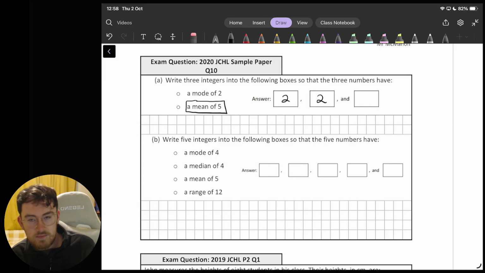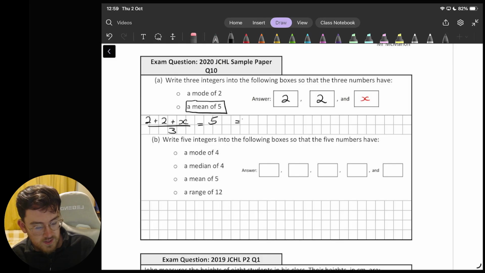If I want to have a mean of 5, let's think about what that would mean. To have a mean of 5 means that adding these 3 numbers together and dividing gives an answer of 5. So let's say, for example, that we'll call this one x for the moment because we don't know what it is. The idea here is that these two numbers plus x are divided by 3 and the answer is 5. That's essentially the sum that we've been doing here.